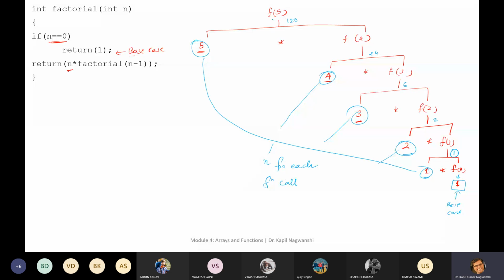Here f5 is the calling function, and this will be the recursive function. This is calling. This is recursive. This is again recursive, and so on. So you can see that a ladder type of diagram will be generated.